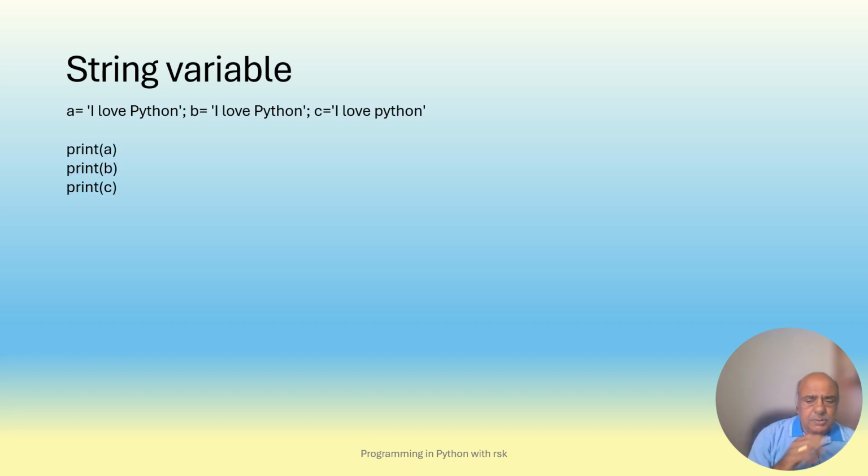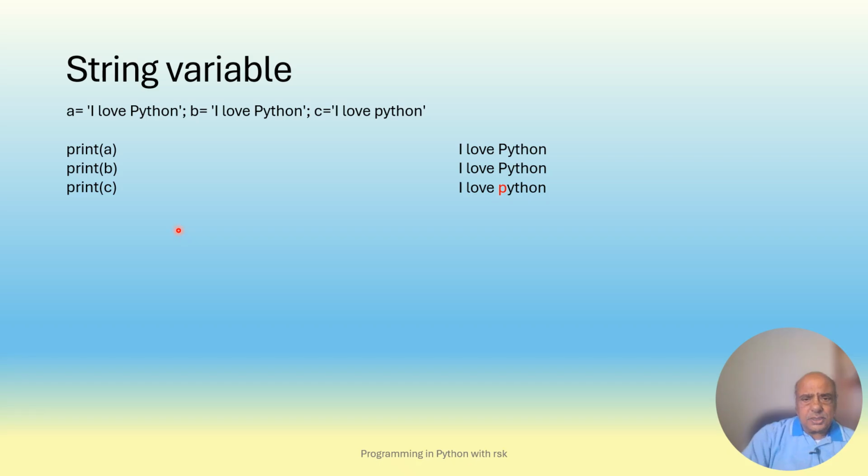A string variable is defined as A is equal to 'I love Python' in single quotes, B is equal to 'I love Python' in single quotes, C is equal to 'I love Python' in single quotes, but the difference is that P here is lowercase, whereas in these two P is uppercase.